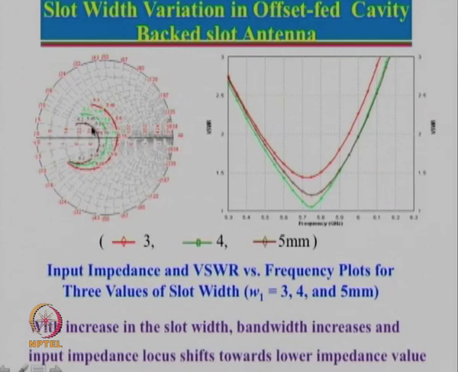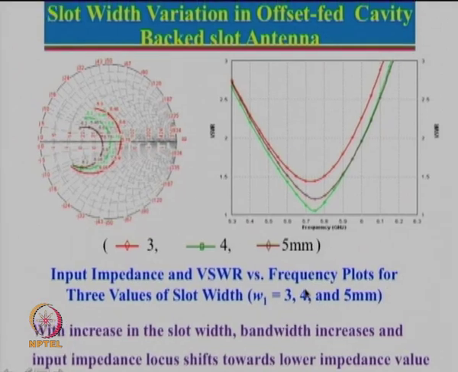So, you will have a larger frequency range inside the VSWR 2 circle. So, remember, bandwidth for W equal to 5 mm will be larger than bandwidth for width equal to 4 mm. It is not so obvious over here. The reason for that is impedance matching is not done properly. So, if impedance matching is done properly, you will see a much larger bandwidth for 5 mm.